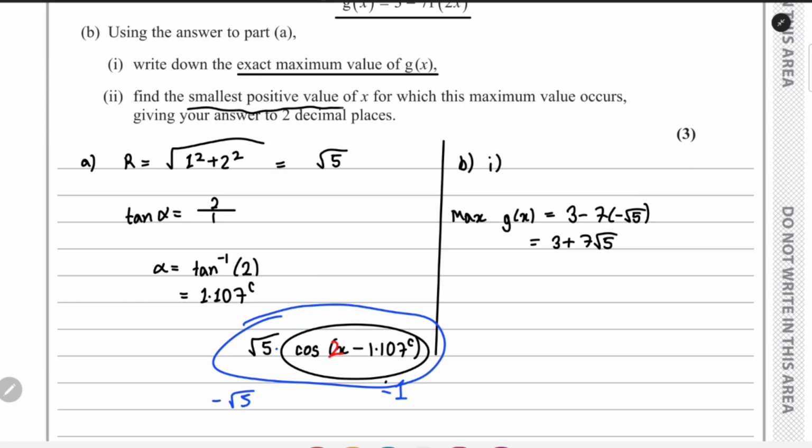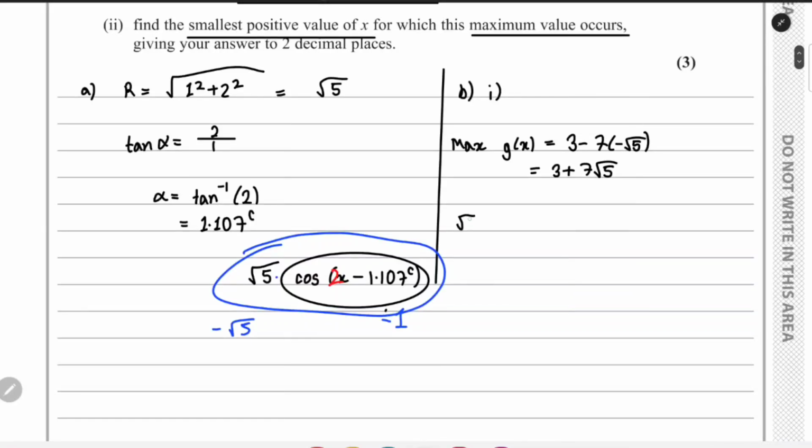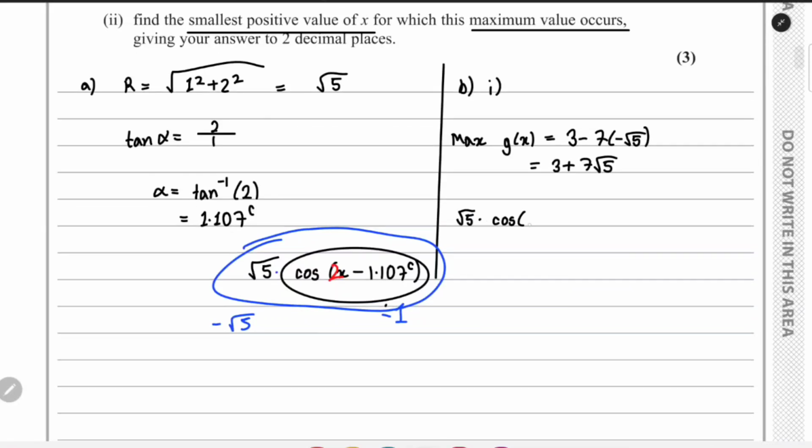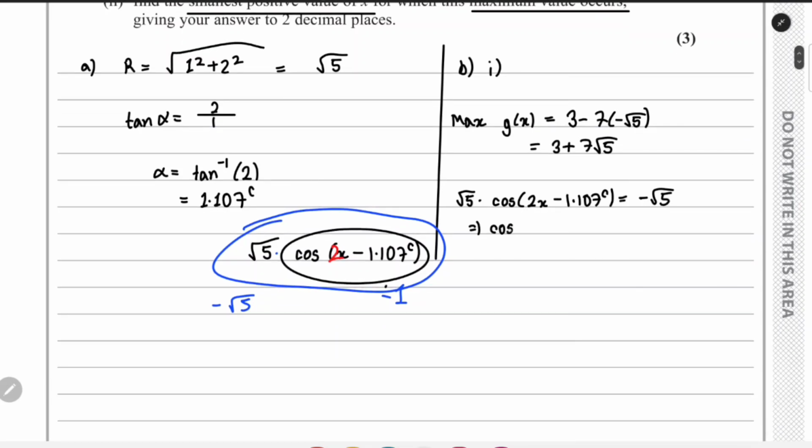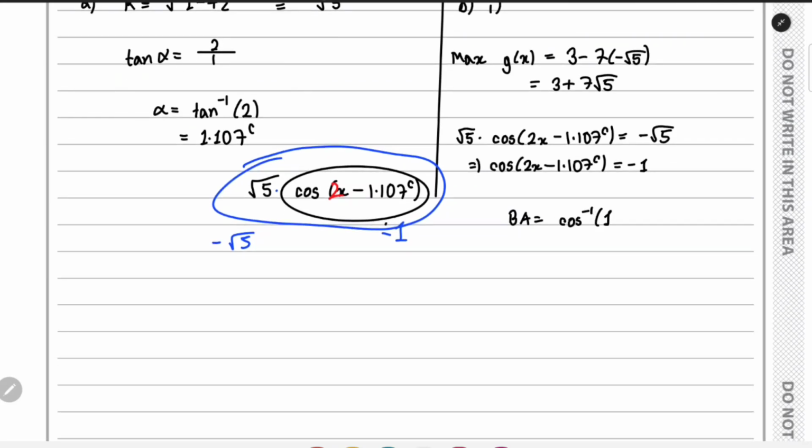Now we have to find the smallest positive value of x for which this occurs. So this occurs when root 5 times cos of 2x minus 1.107 radians is minus root 5. Therefore, cos of 2x minus 1.107 radians will be minus 1. The basic acute angle will be cos inverse 1.